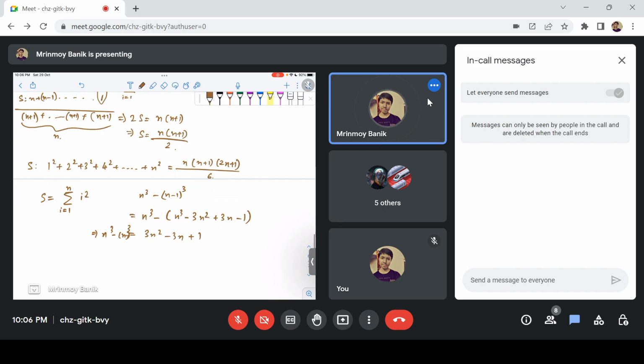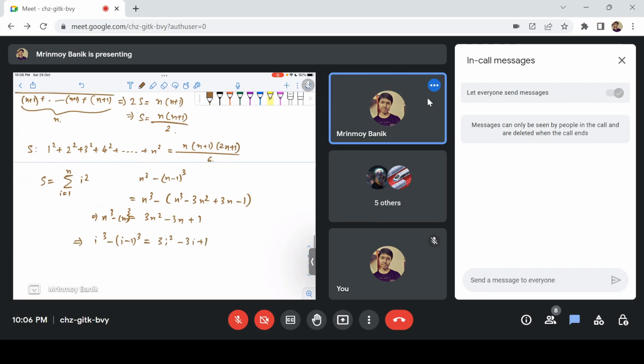Now we have to take summation. Okay, let me change the variables. So i cube minus (i minus 1) cube equals 3i squared minus 3i plus 1. Let me take summation i runs from 1 through n on both sides.